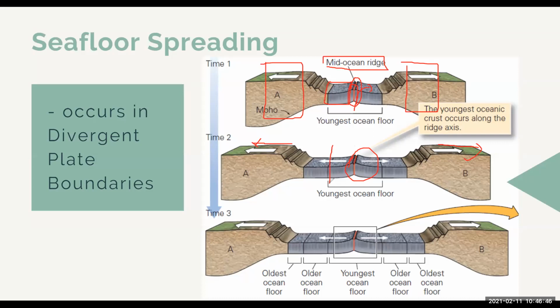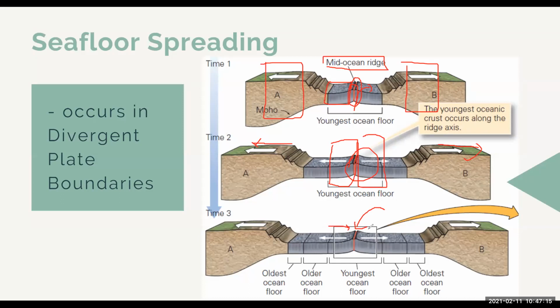So forming another ocean floor or sea floor. Okay? As again, time goes by, magfo-form ulit siya ng bagong sea floor. So kung mano-notice nyo, you can actually divide the segments of the sea floor from youngest to oldest, okay? In reference with the mid-ocean ridges. Okay? So in reference to the mid-ocean ridge, the youngest would be the ones closer to it.